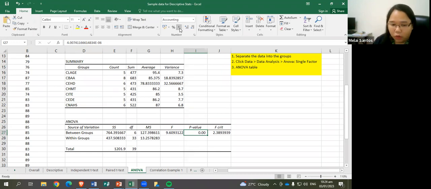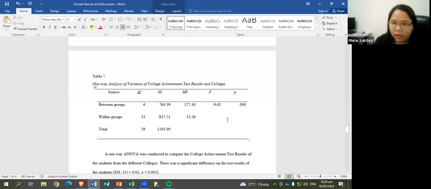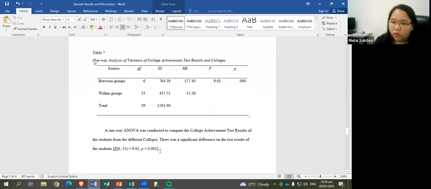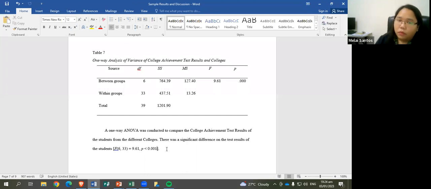But when you write it in your Word format, in the interpretation part, it should be written as less than 0.001. That should always be there because you mean that there is really value to that.